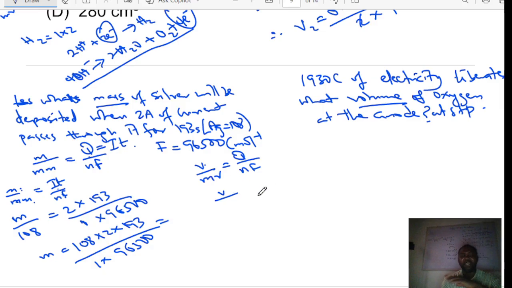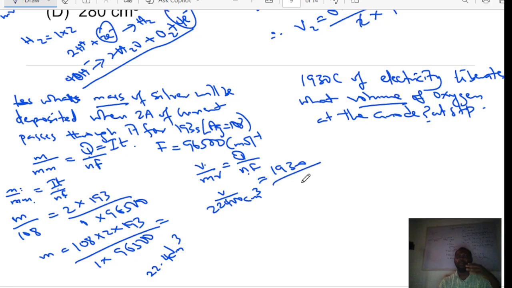Molar volume of a gas at STP is 22,400 cm cube, or you say 22.4 dm cube, whichever one. So equal to Q, the quantity of electricity, which is given to be 1930. Then divided by N, the number of electrons. For oxygen, remember I said you have 4 electrons involved.